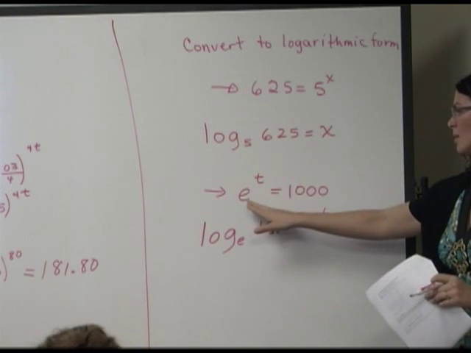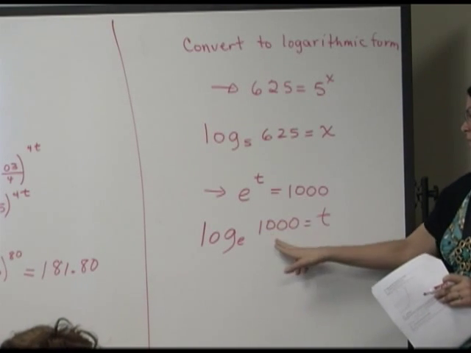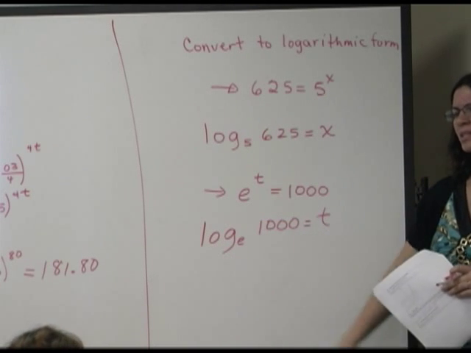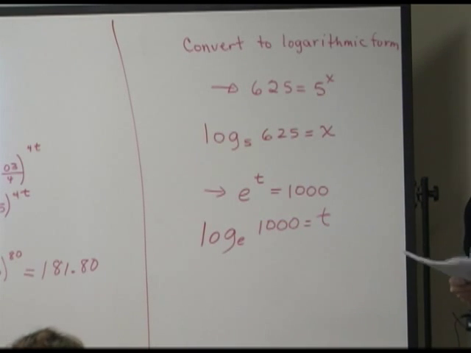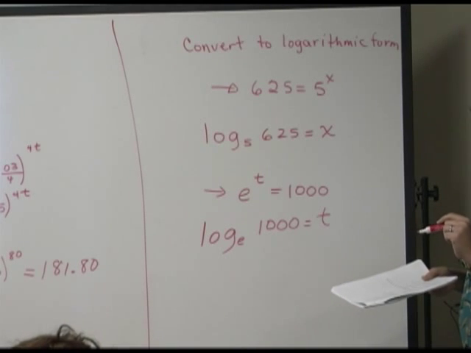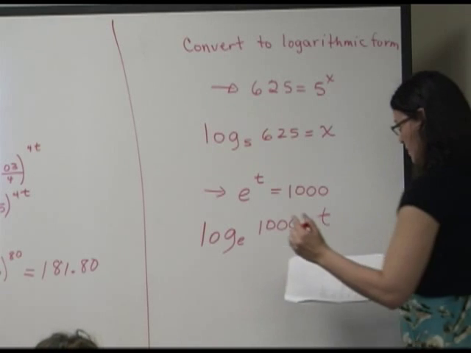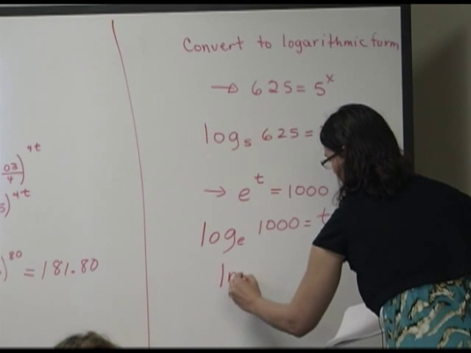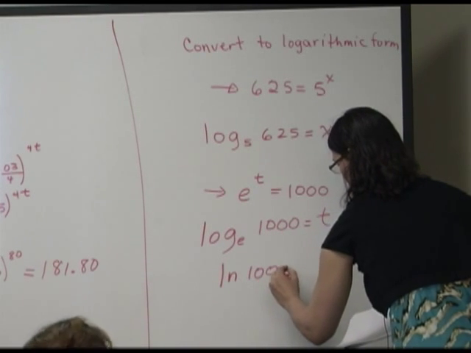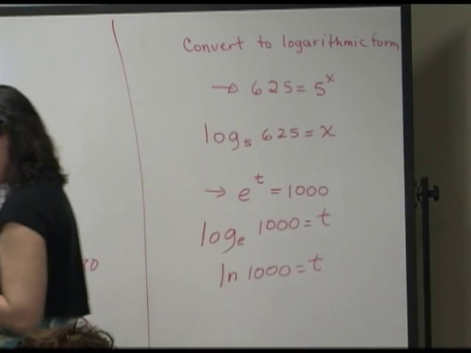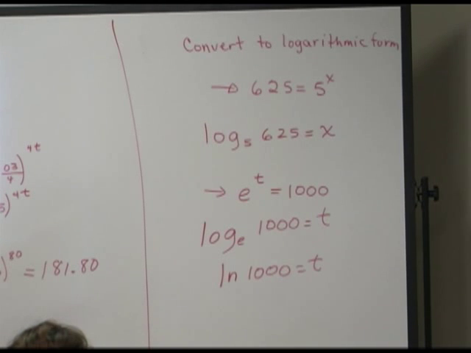Same thing. The base is the base of the log, then you have the number, then the actual logarithm is the exponent. Now, what is log base e? Do we ever use a log base e, or do we use something else? ln. We use ln, right? We don't use log base e. Now we're going to convert to exponential form.